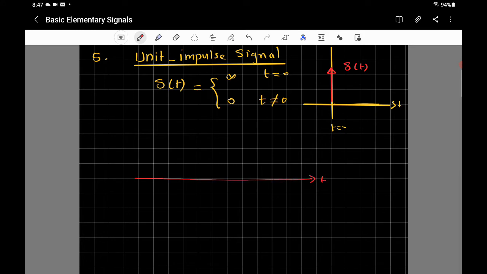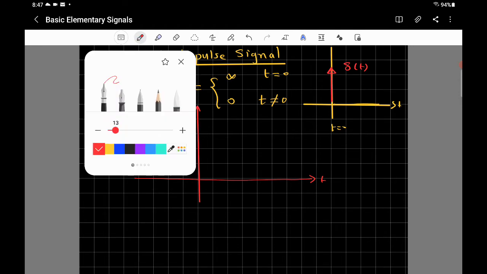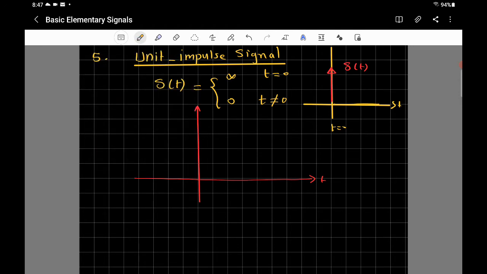If this is the time axis, and that's the vertical axis, let's just assume we have a very small rectangle, and let's say that is equal to negative epsilon.